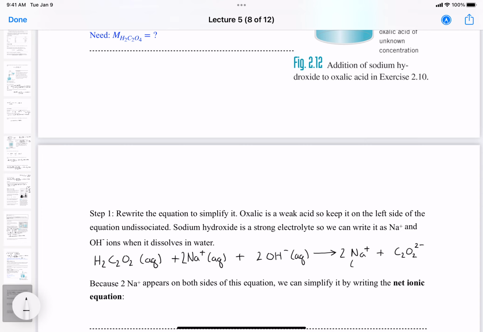I'm going to write the symbols underneath here because I'm running out of room. Plus 2H2O. So you see here, we formed water in this equation. That's because the OH groups here react with the 2 hydrogens here, and that gives us 2 water molecules. So that's an acid-base reaction.